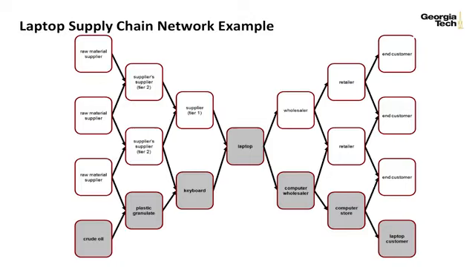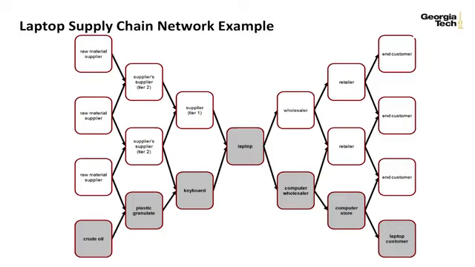Once again, let's take a look at another graphical representation of a supply chain. Here we see a laptop supply chain, a fairly simplified diagram of a laptop supply chain. However, you can visualize that there are multiple components on the left or supply side that are coming together through the various tiers to create the laptop computer.